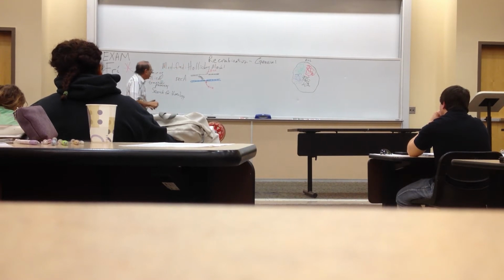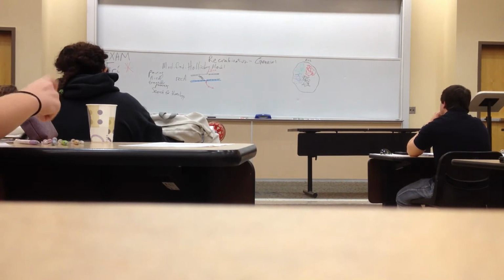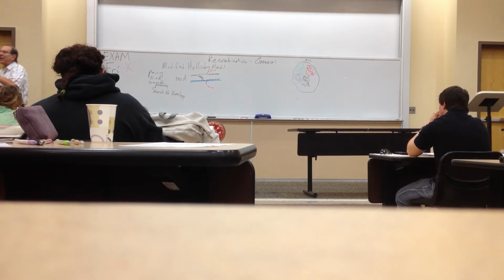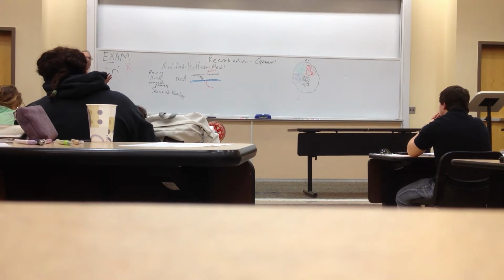And so I purposely made that nick in a different spot. One of the mysteries before the Holliday model was not only how two chromosomes line up, but people have been looking at recombination for decades, going way back to Thomas Hunt Morgan. And what they found is that recombination is extraordinarily accurate.